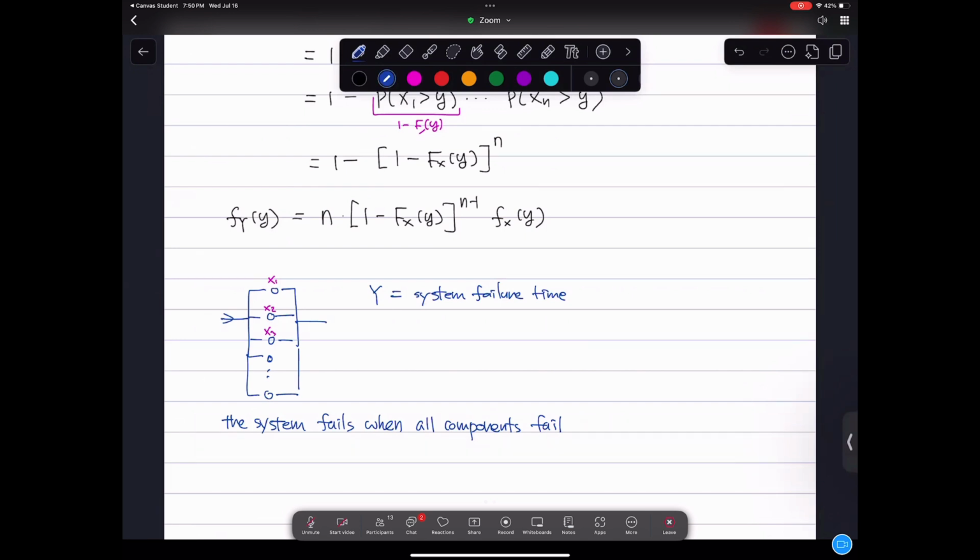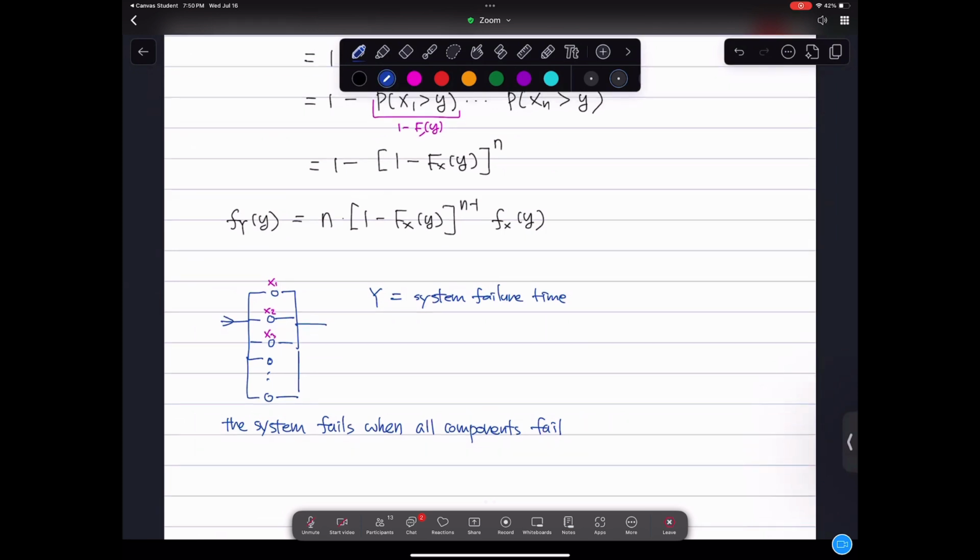So this system failure time means the largest order statistic, which will last longer, and that should be the system failure time. So that's what is meant by order statistic. I don't want to go deeper than that, but that's the whole concept.